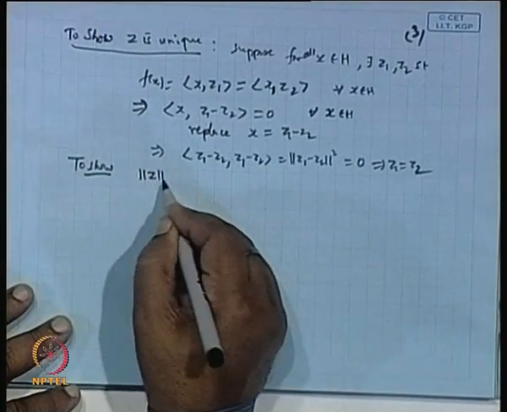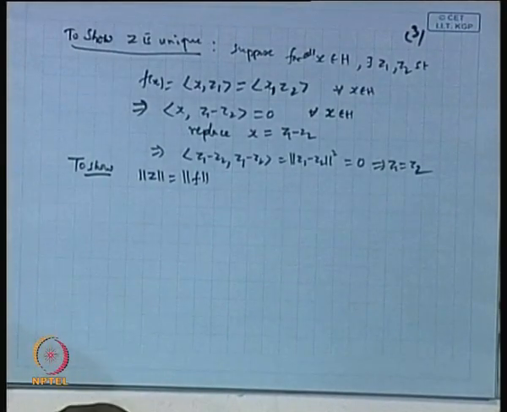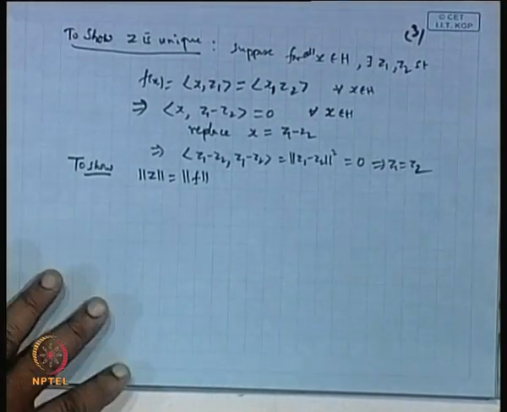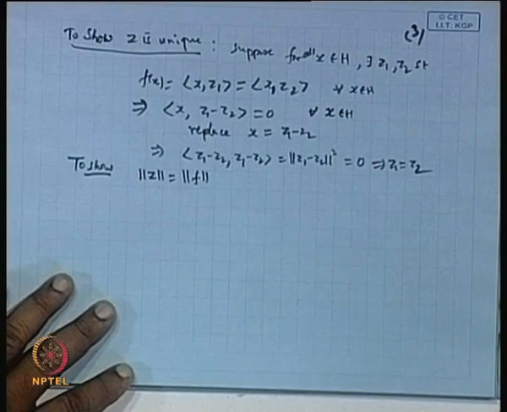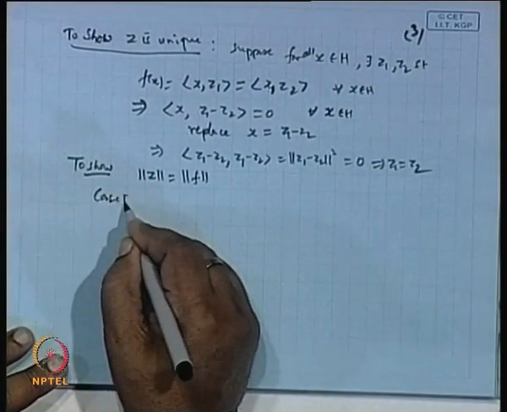Now, the third case is to show norm of z equals norm of f. So again we will take two cases.